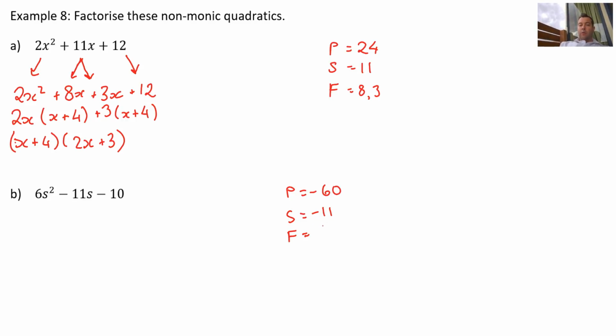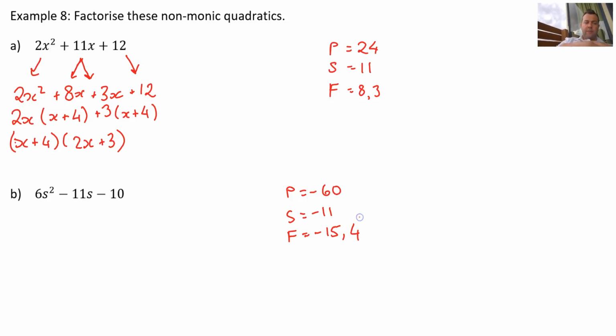So the larger one, the one with the greater magnitude, is the negative one. 60, I could break that into 4 by 15, so a negative 15 and a positive 4. Negative 15 times 4 would be negative 60. Negative 15 plus 4 equals negative 11. So negative 15 and 4 are my factors.